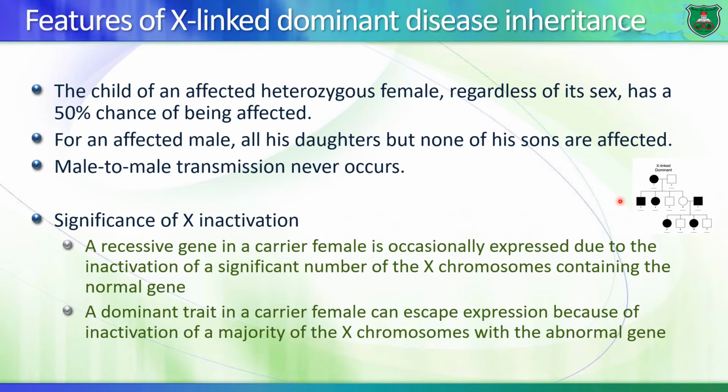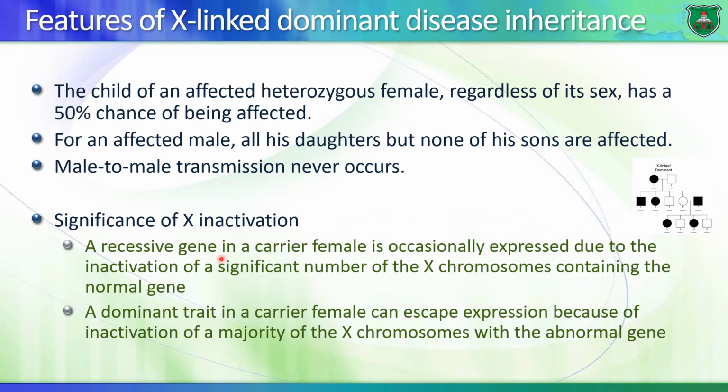Okay, for an affected male, all daughters would be affected, but none of the sons would be affected, right? So also in this pedigree, this is an affected male, so all daughters would be affected. Male to male transmission never happens, of course.